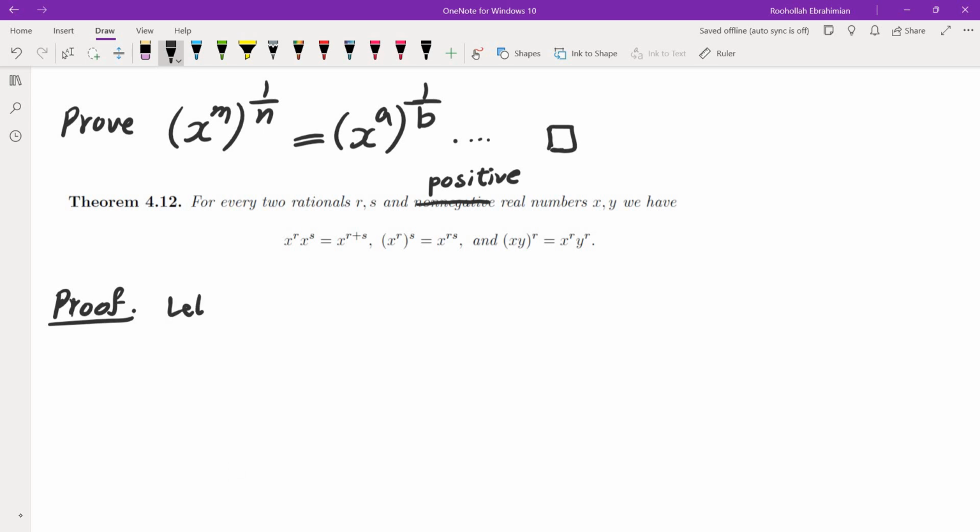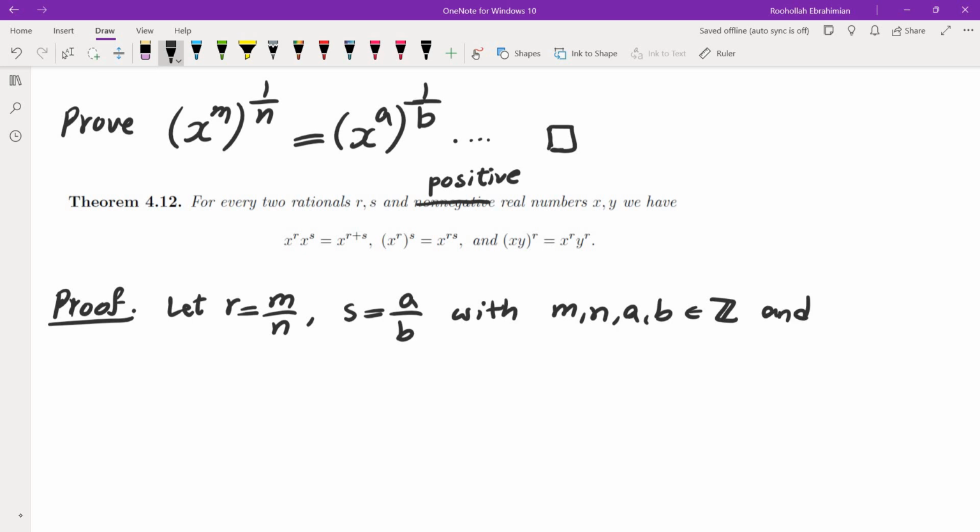So let r be m over n and s be a over b, with m, n, a, b integers and n and b positive.